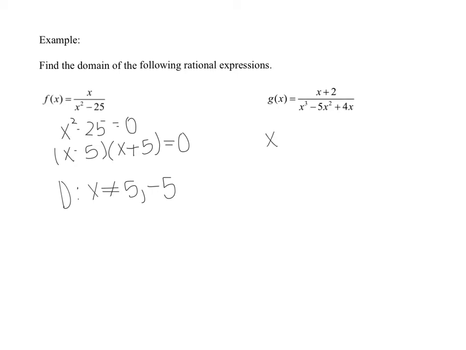So I want to find when x cubed minus 5x squared plus 4x equals 0. But notice every term has a variable, so the first thing I'm going to do is factor out the x. So we factor out the x, and we end up with x squared minus 5x plus 4.